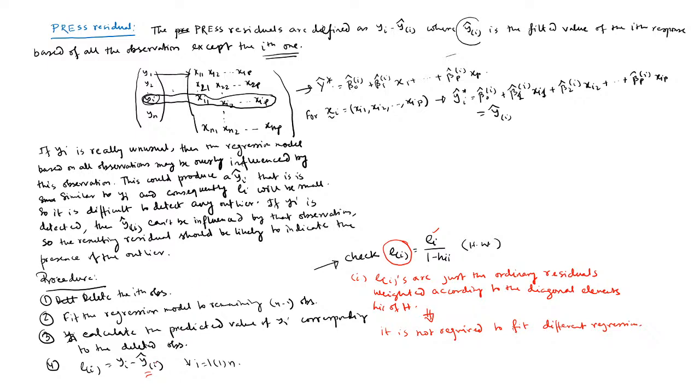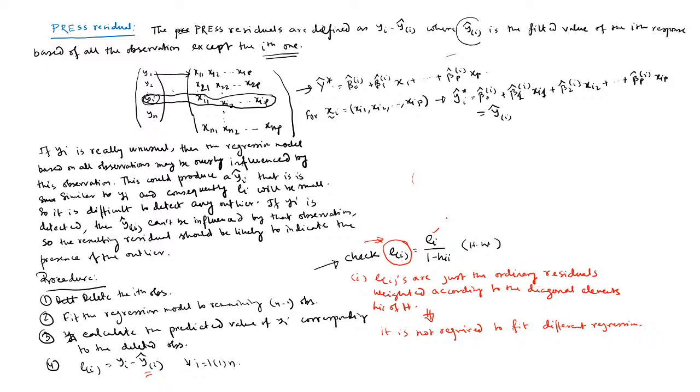Because if you compute that, we need to fit n different equations, and in these steps you delete the corresponding observation, fit the regression model, and then compute yi hat within first bracket. So it is a very laborious thing. Instead of doing this, you just compute this, and you can compute it by fitting only a single regression equation. So this formula helps you to compute e(i).